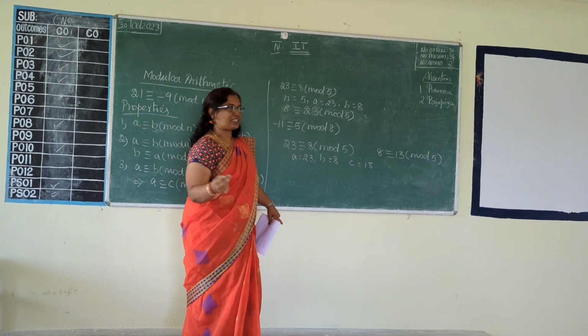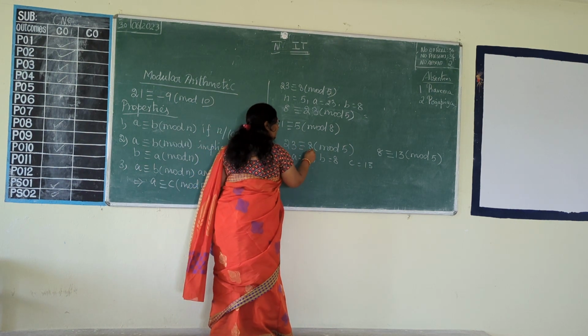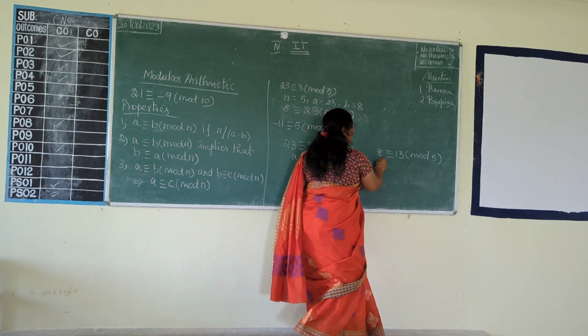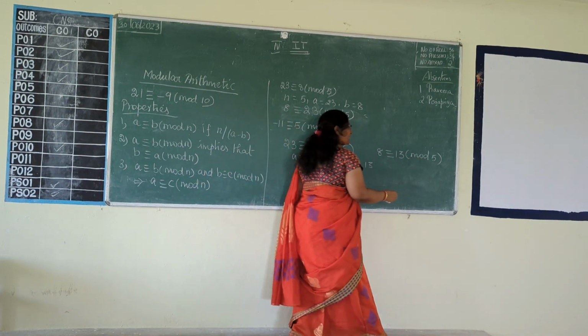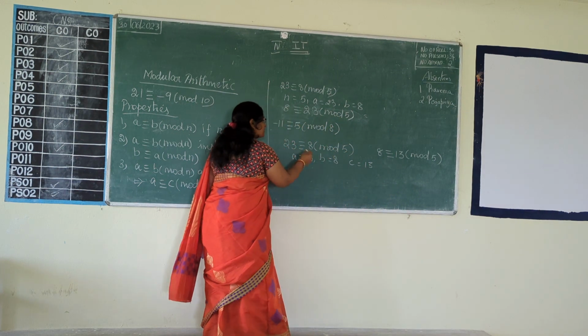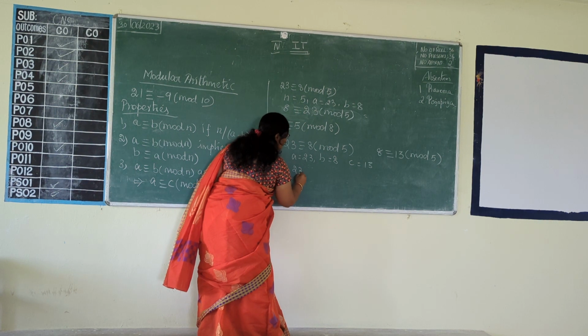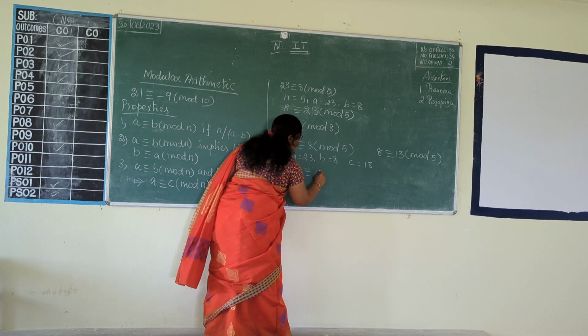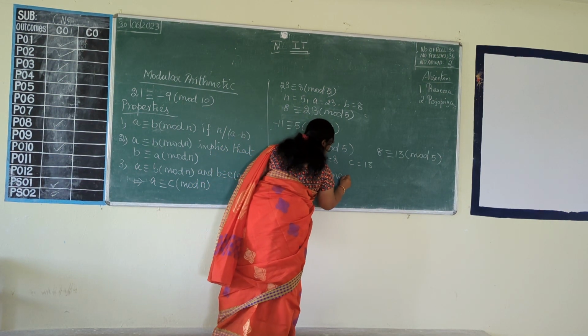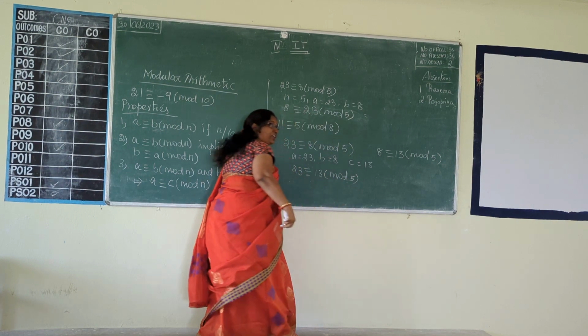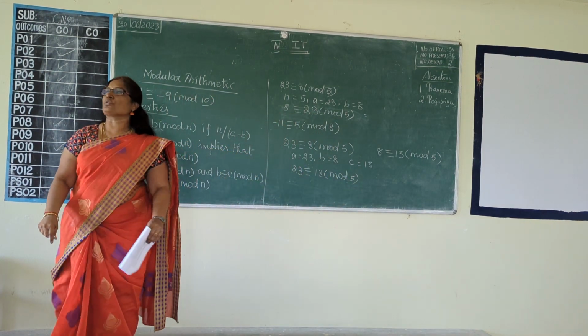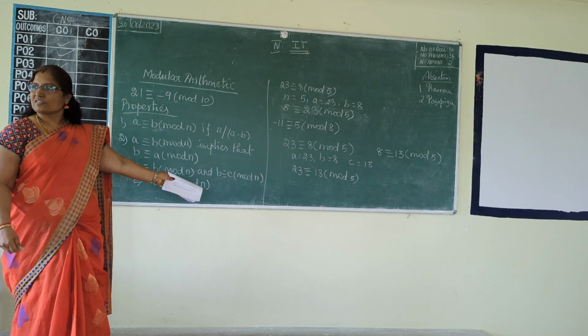Property 3 says that when A is congruent to B mod n, B is congruent to C mod n, I can write A is congruent to C mod n, which means 23 is congruent to 13 mod 5. If I know this property, somewhere I can use it. This point is clear?